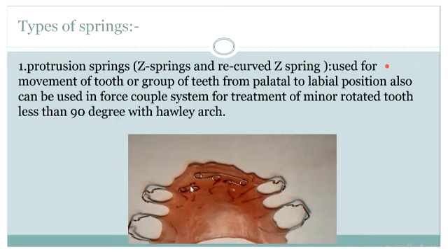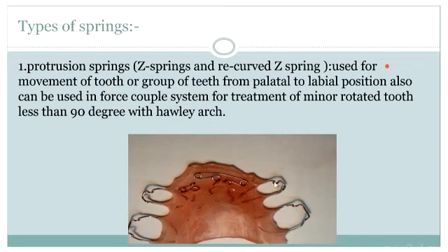This is for movement of teeth in the labial direction. The recurve Z spring moves a group of teeth in the labial direction, and here is one for single teeth. It is used to move a tooth or group of teeth from the palatal to the labial position, and can also be used in a couple system.